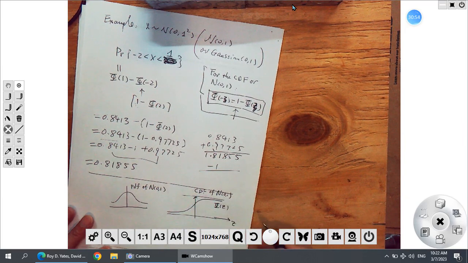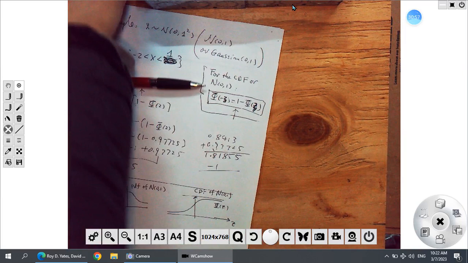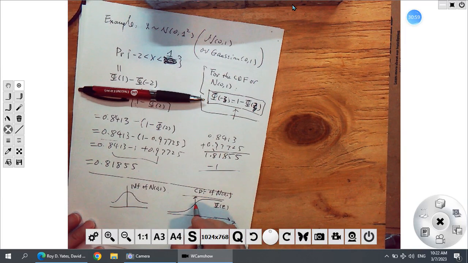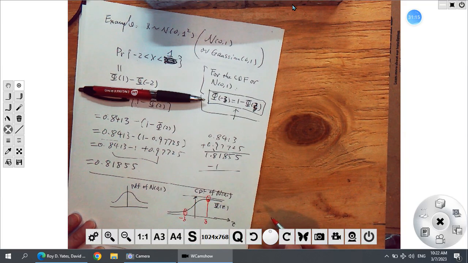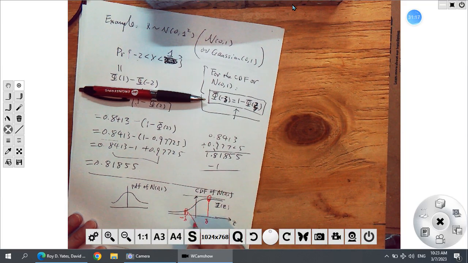Like this. Alright, this one is symmetric. If here is a negative z, and here is a positive z, then this part and this part have the same value. Here is phi of negative z, this point.